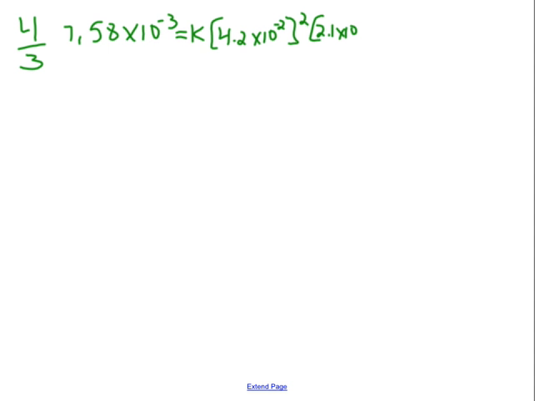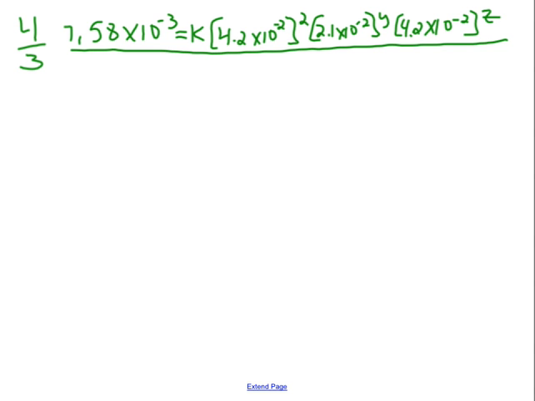4's rate, 7.58 times 10 to the negative 3rd is equal to k times 4.20 times 10 to the negative 2nd squared times 2.1 times 10 to the negative 2nd to the y times 4.2 times 10 to the negative 2nd to the z.